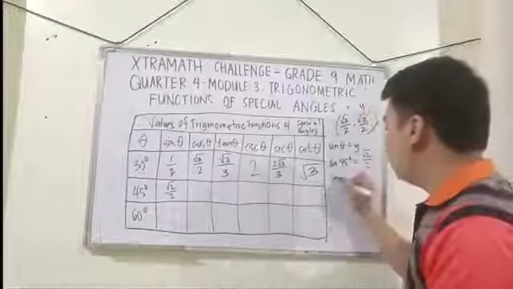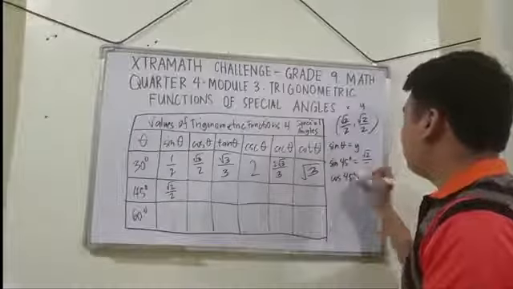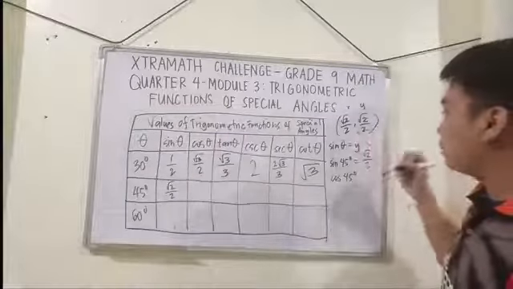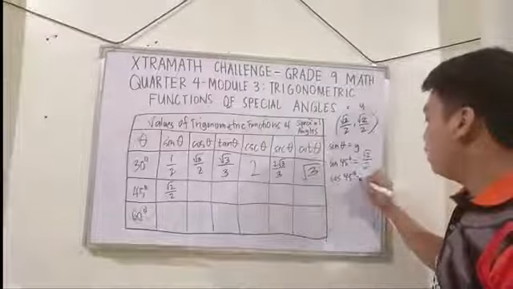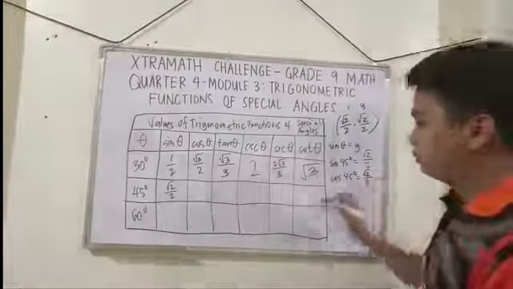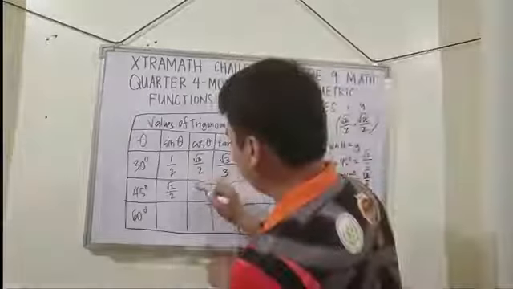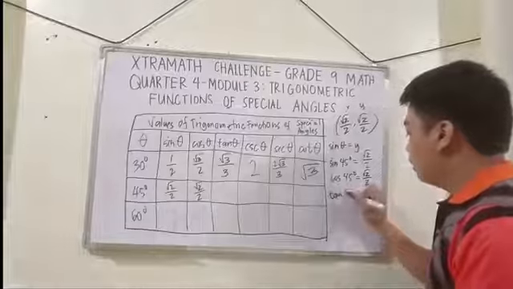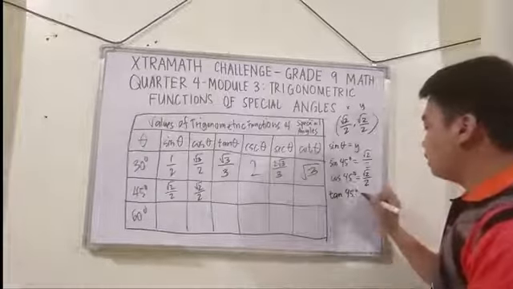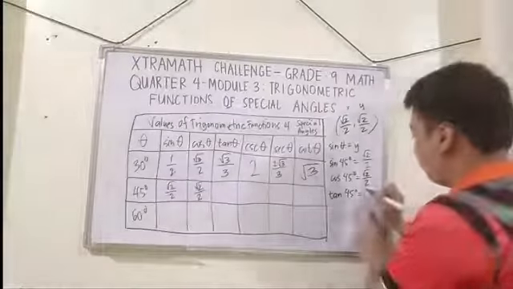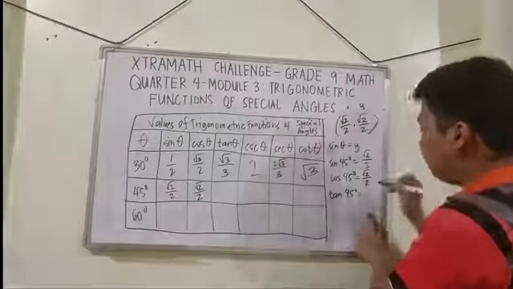For the cosine of 45 degrees, remember that cosine corresponds to x, and our x here is equal to square root of 2 over 2 also. So that means that cosine 45 is equal to square root of 2 over 2. How about the tangent of 45 degrees? Remember that tangent is equal to y over x.